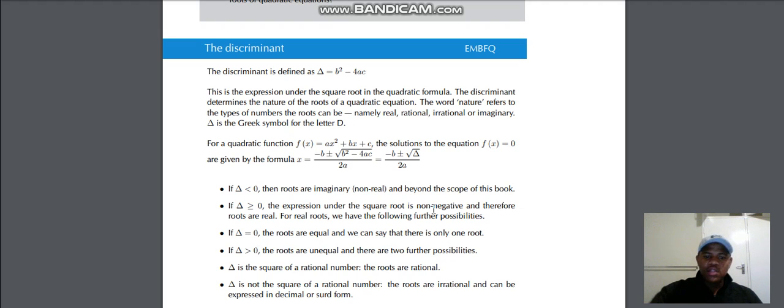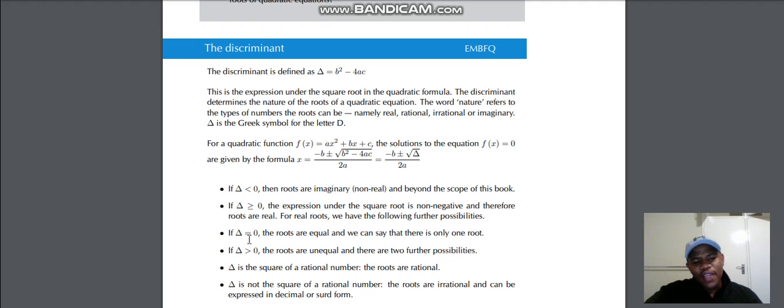So for real roots, we have the following further possibilities. We have the case where it's less than 0, we say it's imaginary. Then we have the case where it's greater or equal to 0, so it's non-negative, therefore we have real roots.